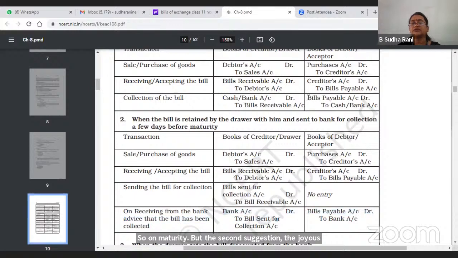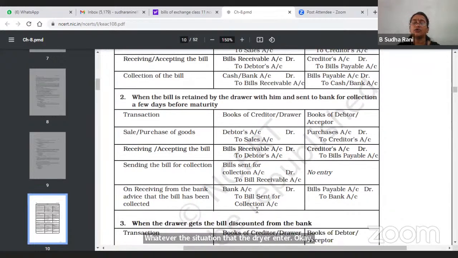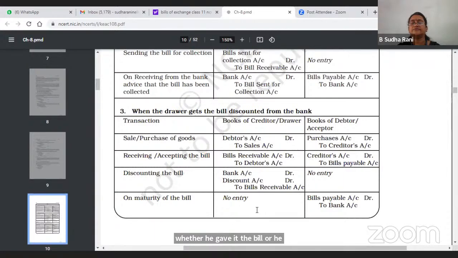But look at the drawee's book, the same entry, bills payable account debit to cash or bank account. In the drawee's book, if the bill is honored on maturity date, the entry remains the same, whatever the situation the drawer went through. Okay, whether he keeps the bill or he sends it to the banker or he discounts or he endorses. See here again.